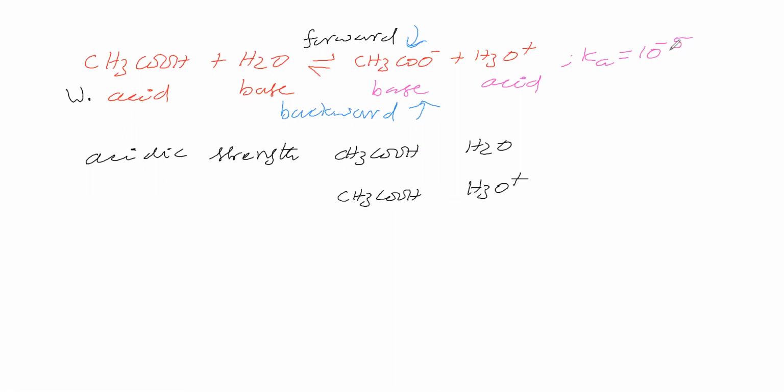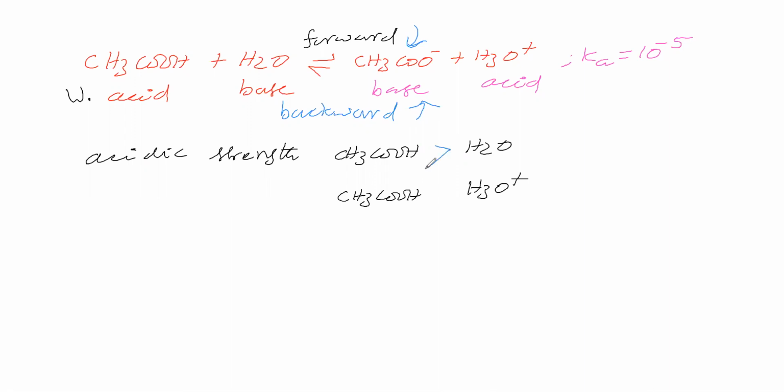If we dissolve acetic acid in water, the resultant solution contains hydronium ions. Therefore, forward takes place to some extent. Now you are saying acetic acid has higher acidic strength than water.